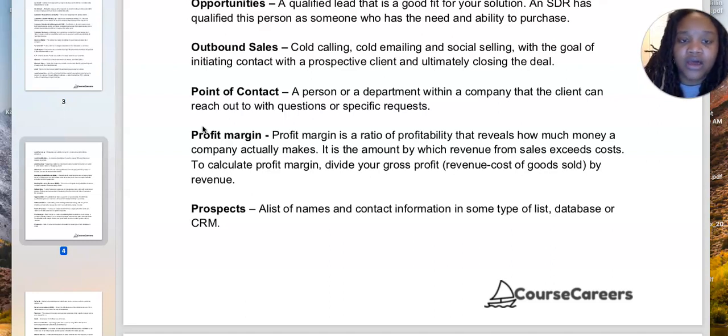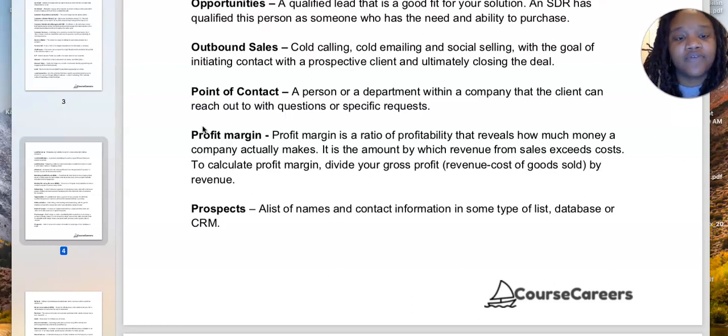I've seen some deals that close for over 10K a month. So if you're spending that much money with a tech company, you need to make sure that you have a point of contact, somebody assigned to your account that you can reach out to, who will help you with any questions, comments, or concerns, and if you need specific requests.